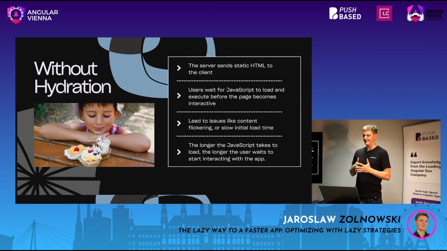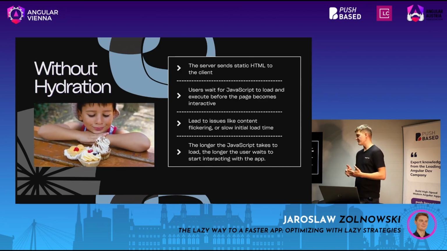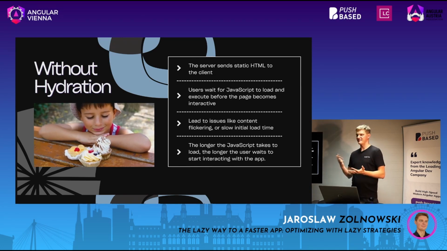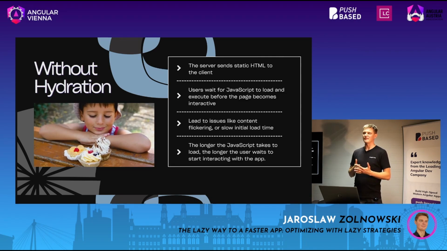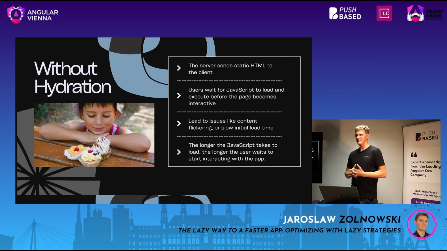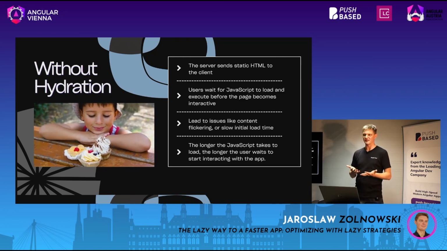The typical server-side rendering process looks like the following. The server generates HTML and sends it to the client. This HTML is static. So the user can see the content immediately, however, they can't really interact with it yet.